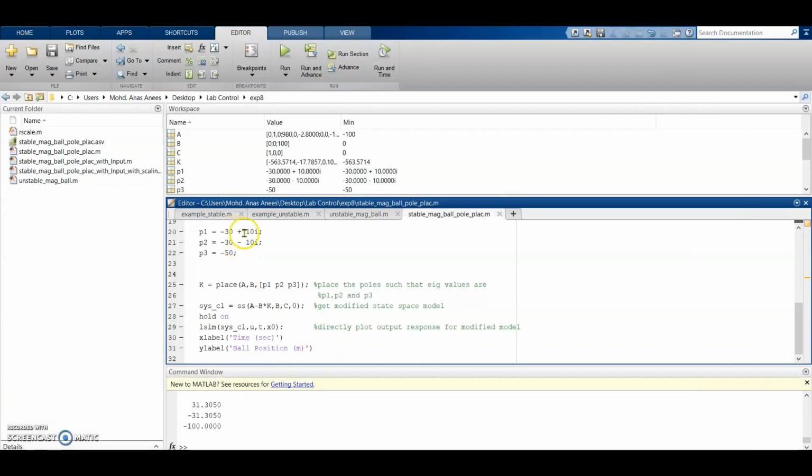Now let us change this imaginary part and see what happens. So we are making these poles same again, and the real part same again, and we are increasing the imaginary parts of the new pole locations. And I am again running this program.